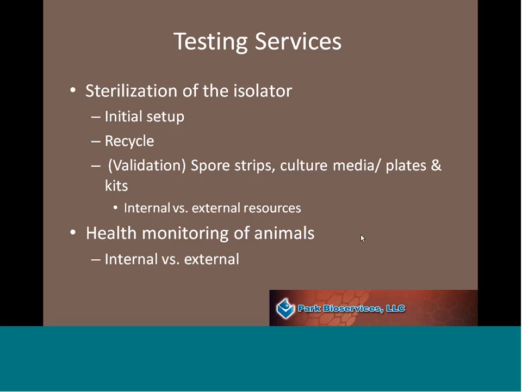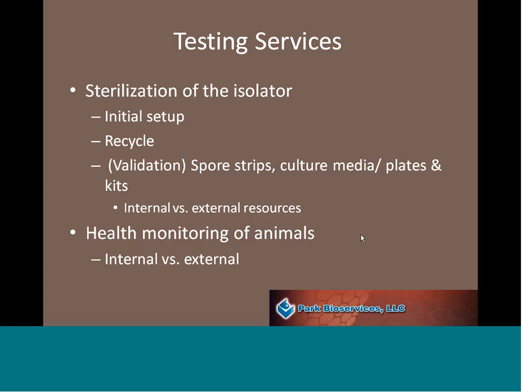One of the things I think is very good to consider is doing an initial sterilization and then doing an identical sterilization using a different product. It just gives you complete assurance that you've killed everything. Some products tend to work better on particular agents than others. By using two completely different types of products, like a chlorine dioxide and a peracetic acid based one, you get that absolute assurance.